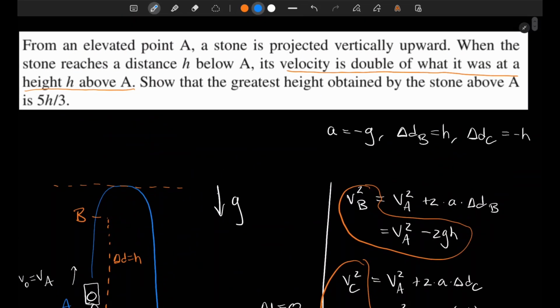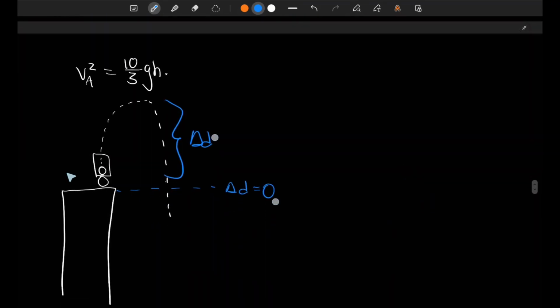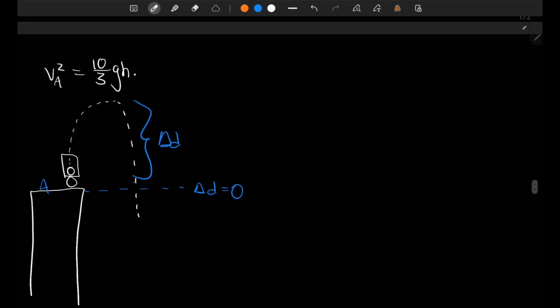It says, show that the greatest height obtained by the stone above point A. So again, this is point A. And when we want to find the maximum height, the peak here, the way to do that is we say, well, we have this equation. We have V final squared is equal to V initial squared plus 2 times A times delta D.